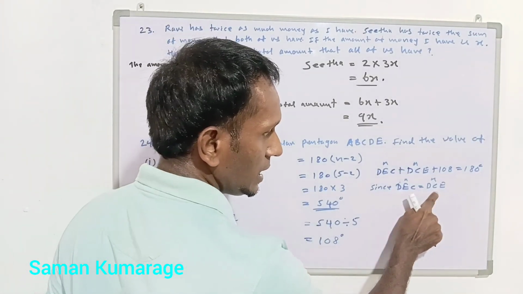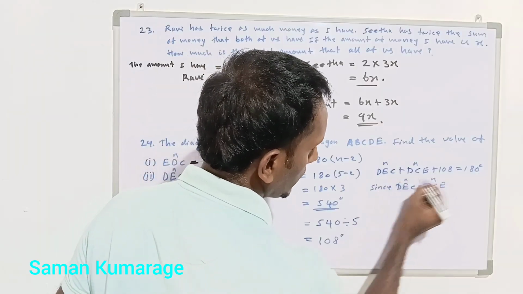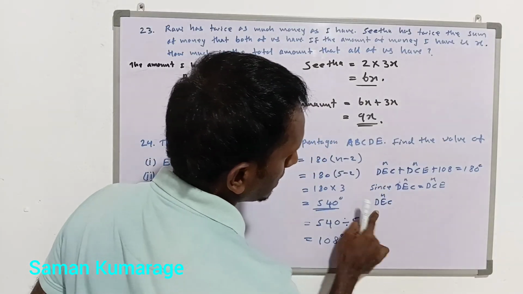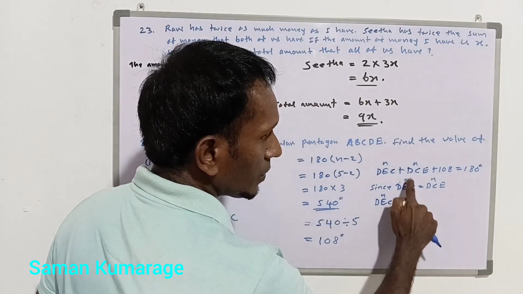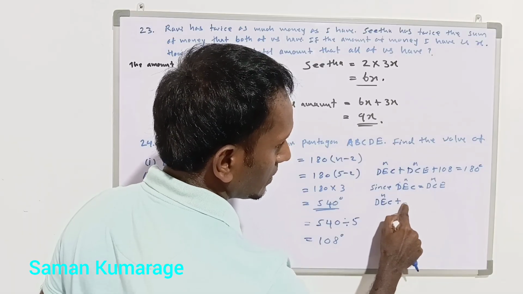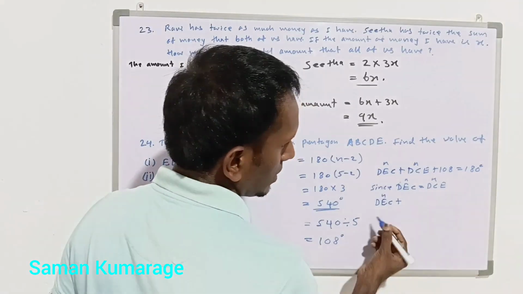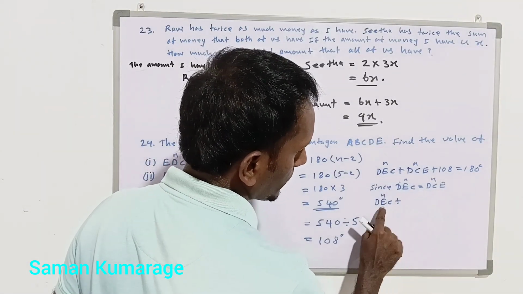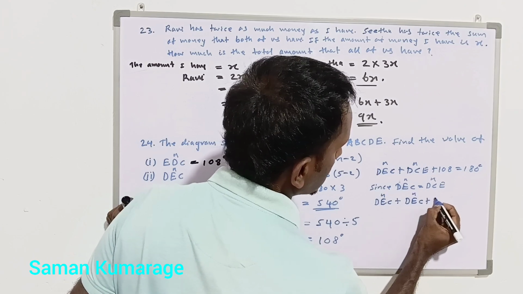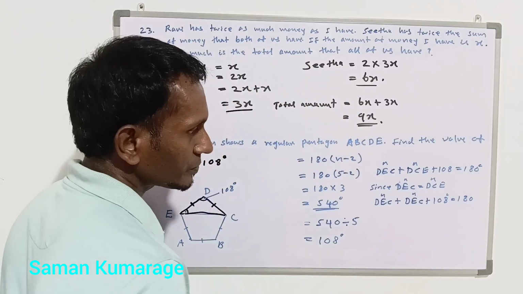So DEC equals DCE. Therefore we can write this equation again: DEC plus, for DCE we can write DEC again, because these two angles are equal. So DEC plus DEC plus 108 equals 180 degrees.